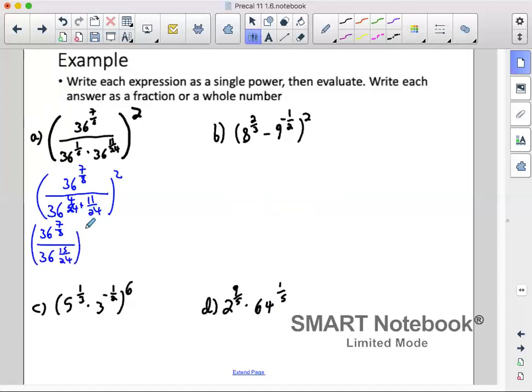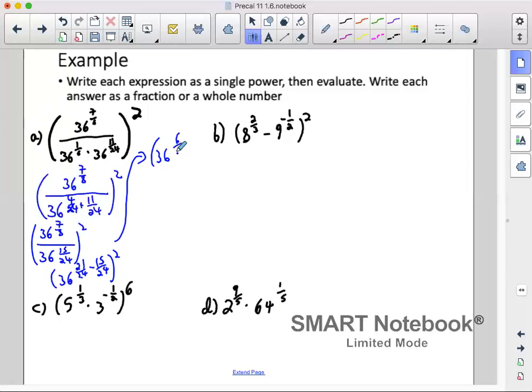And that's being squared. Now, because we're dividing, that's the same as subtracting this fraction. So we'd have 36. We want the same base, so I'd multiply the top and bottom of this one by 3 to get 24. So I have 21 over 24 minus 15 over 24, and then that's being squared. Continuing this up here, that gives us 36. 21 minus 15 is 6.